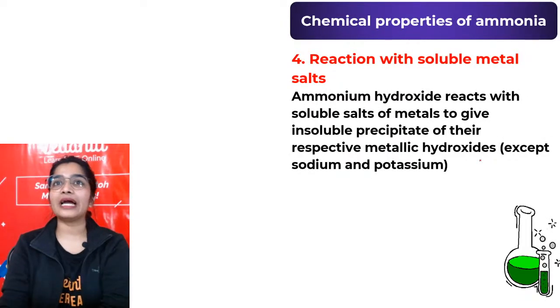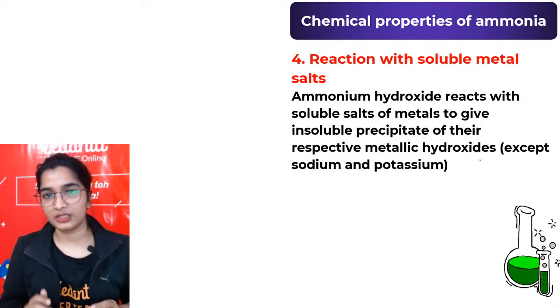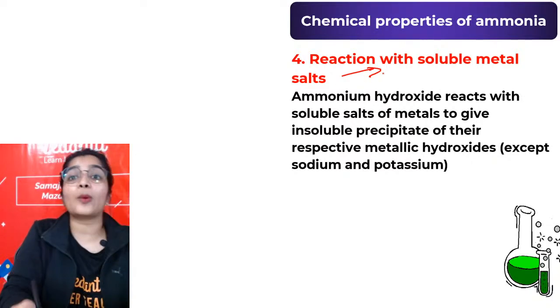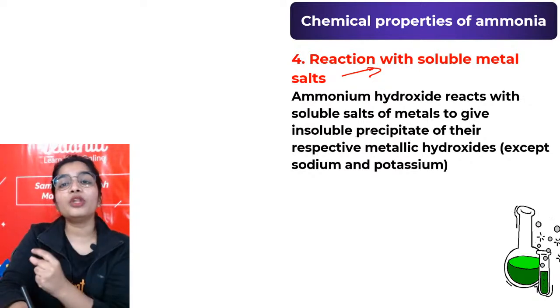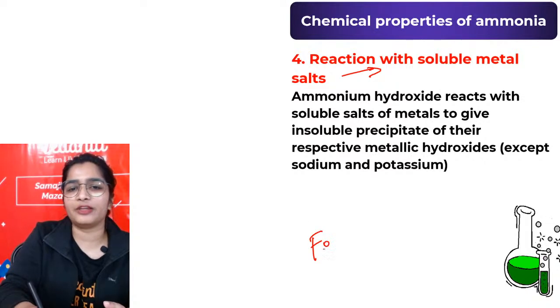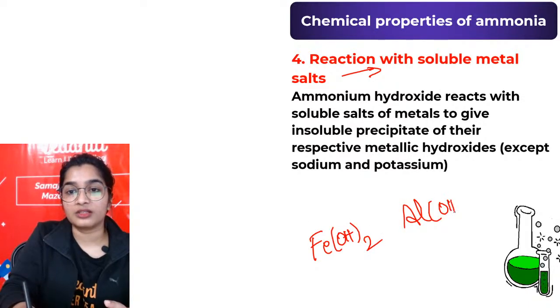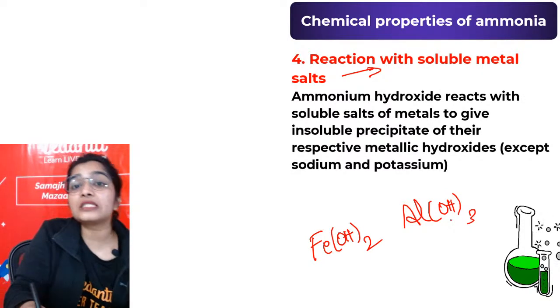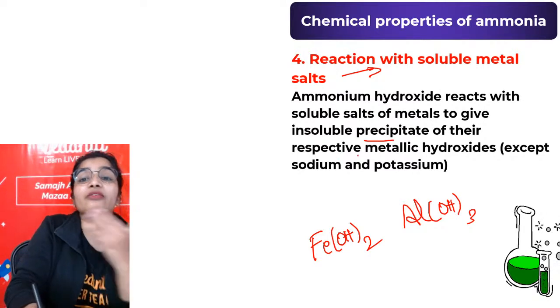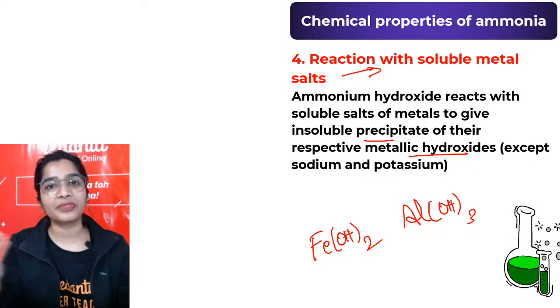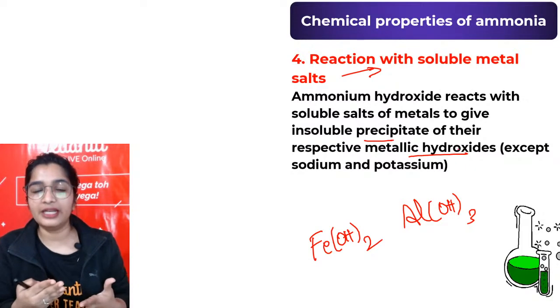So how does it react with metal salts? Ammonium hydroxide, this is the reason why we use it in qualitative analysis. It reacts with the soluble salts of metals, for example Fe(OH)2 or Al(OH)3, to give an insoluble precipitate of their respective metallic hydroxide. Of course, sodium and potassium hydroxides dissolve.